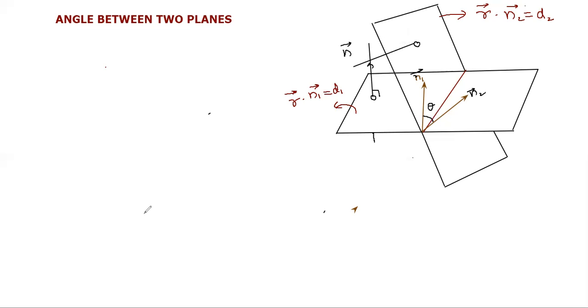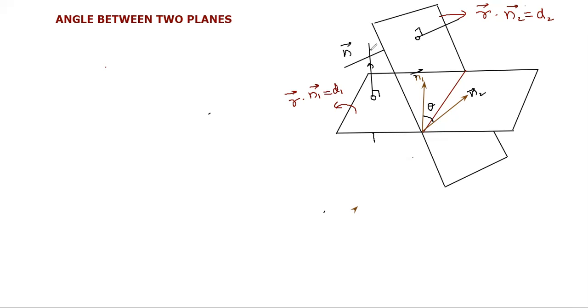So suppose this one is normal to the plane. From the plane it is coming out, and this is a normal to this plane. Okay, so the angle between them will be the angle.